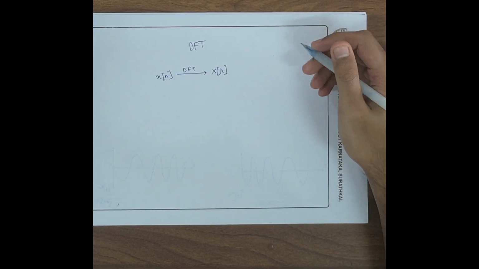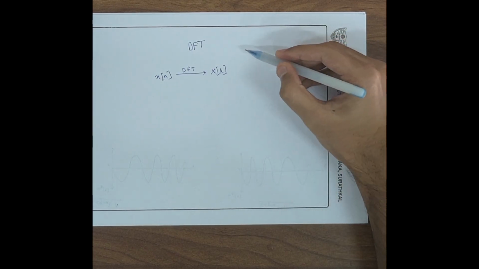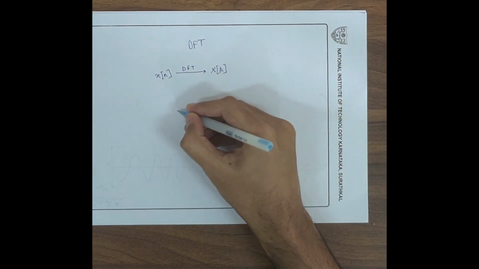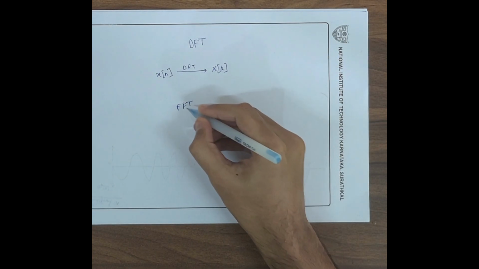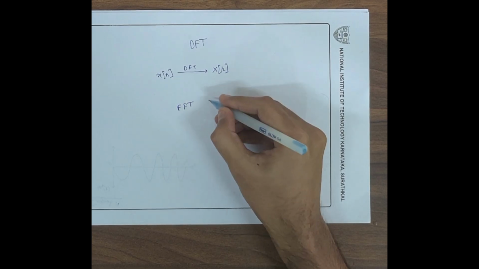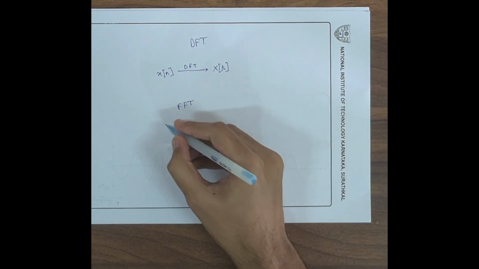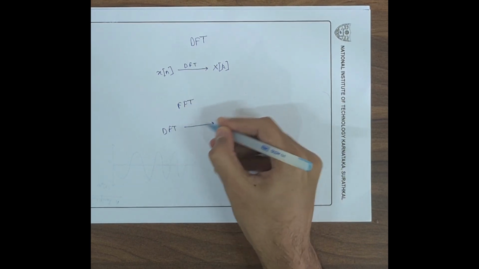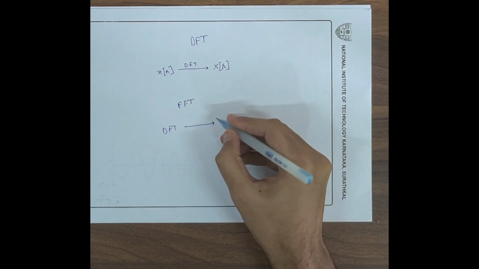Okay. So it should be noted that the discrete Fourier transform is the main mathematical tool, whereas the fast Fourier transform, or FFT, is just an algorithm. An algorithm to compute the discrete Fourier transform quickly.